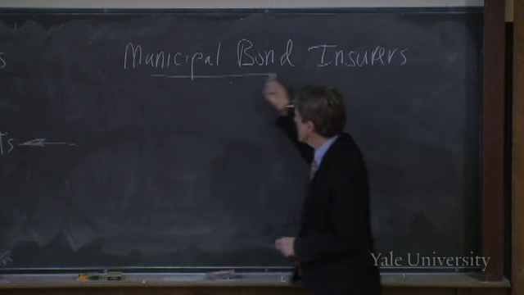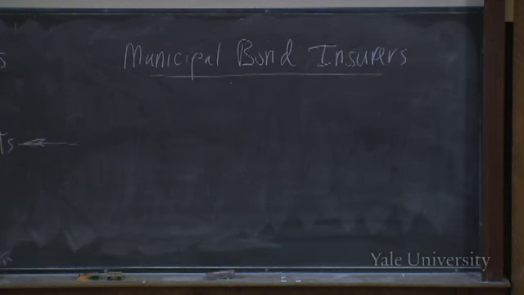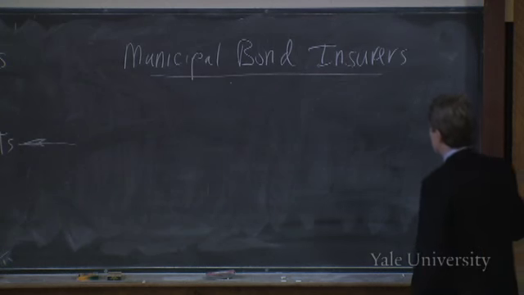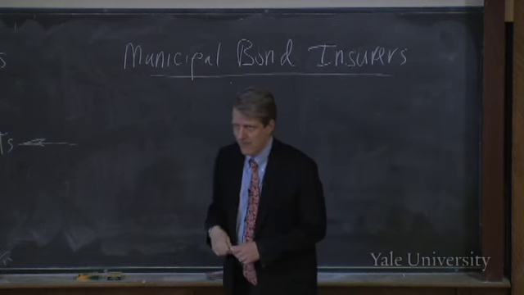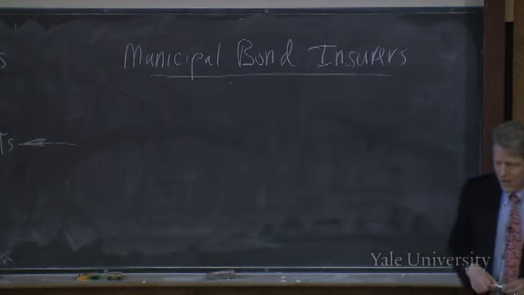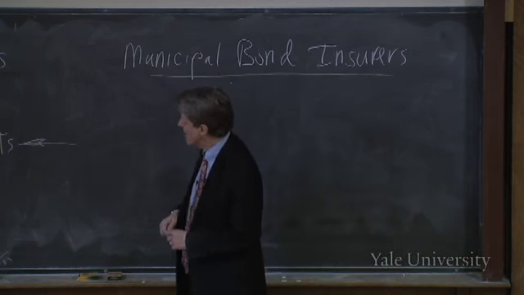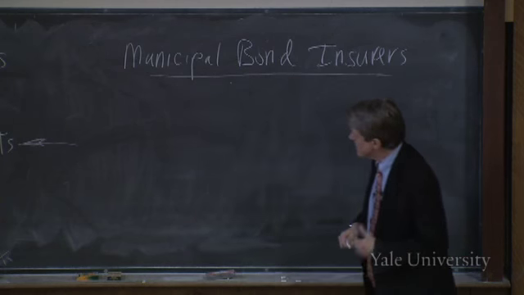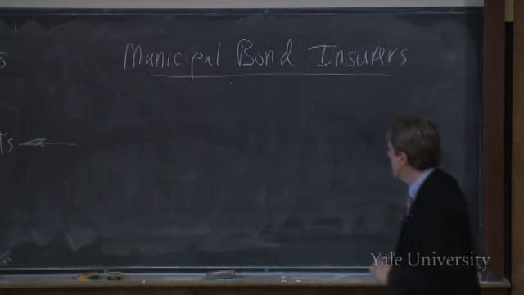Now, the problem is that if you invest in bonds from some state or local government, they might not pay you back. They can just go bankrupt. Cities go bankrupt, and they just can't pay. And so you, as a buyer of these bonds, feel reluctant to invest in them. Okay? So in order to make their bonds saleable to the general public, city and state governments, or any regional local governments, go to the municipal bond insurer companies.